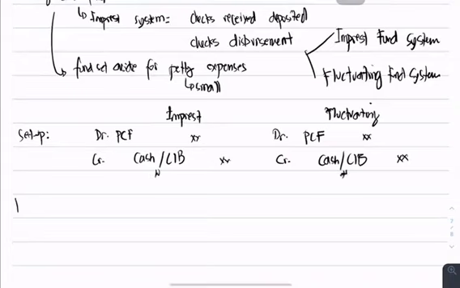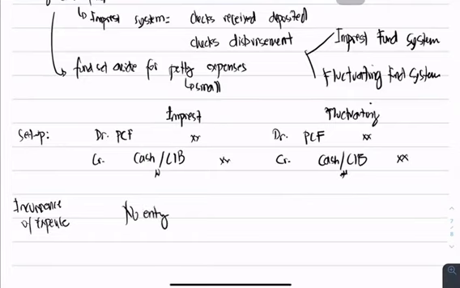Now, incurrence of expenses. What do we mean whenever we incur expenses? We get an amount from our fund and we use it to defray or pay our expenses. So what is our entry under imprest? No entry. Why?